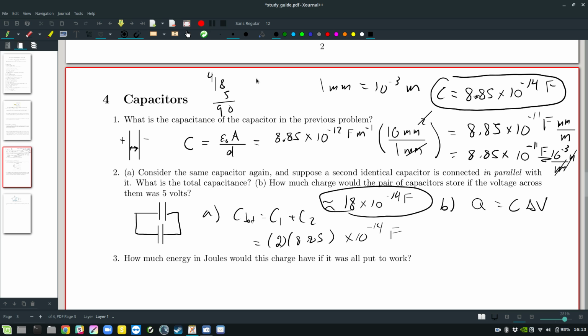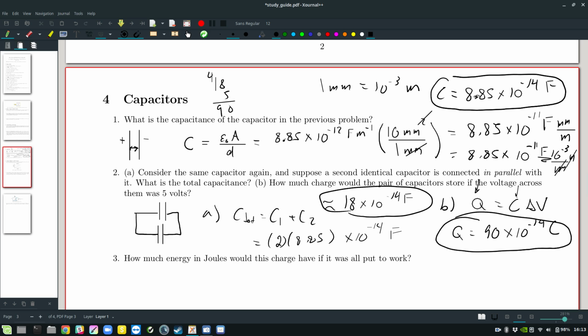It should be less than 100. Okay, so Q is equal to 90 times 10 to the negative 14 coulombs, or 9 times 10 to the negative 13 coulombs. But the point is, to calculate the charge from the total capacitance and voltage, you have to relate them linearly like that.